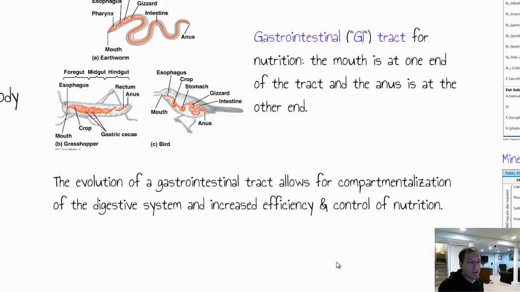We refer often to the GI tract. That refers to the gastrointestinal tract, and roughly what it is, is a big tube. There's a tube that begins at the mouth and extends to the anus, and from animal to animal there might be some different organs or different specialized parts in between, but still we need to think of it as a tube. And actually, if something is inside that tube, it's not really inside the body.